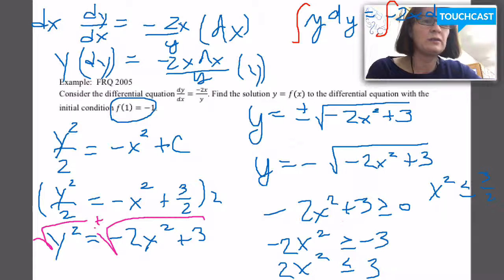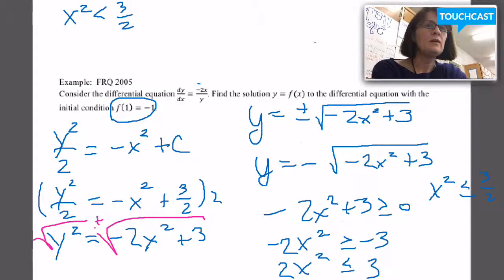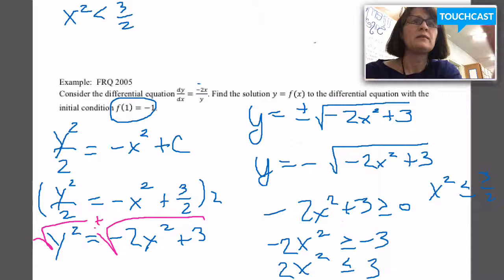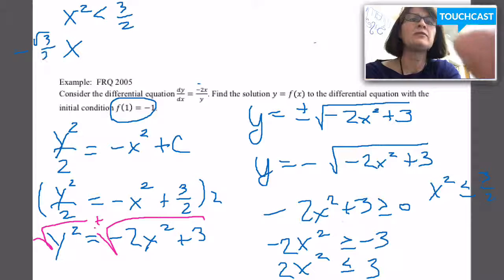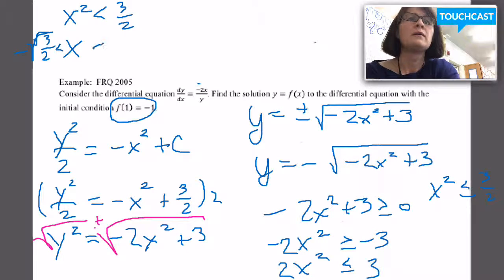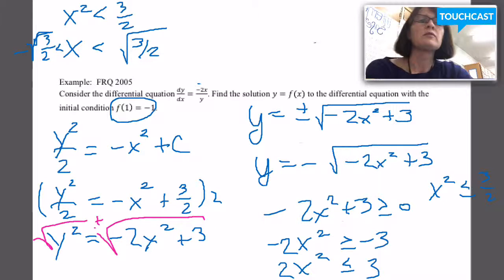And the solution there, if x squared is less than 3/2, that means x is between negative square root of 3/2 and positive radical 3/2.